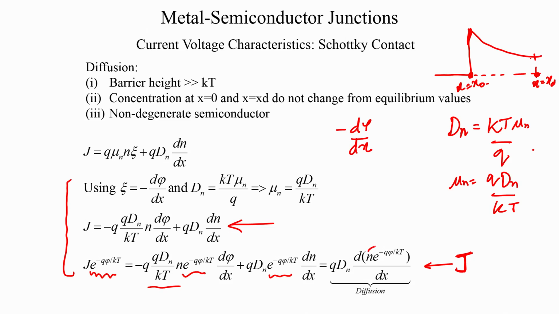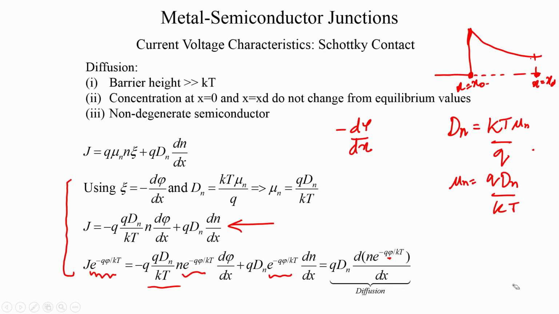So, if you imagine that to be some carrier concentration N1, the current is nothing but q Dn dN1 by dx, which is nothing but your diffusion term. So, that is why we are talking about the diffusion of carriers across the Schottky contact, okay, and phi is my potential. So, there is a potential dependence here.